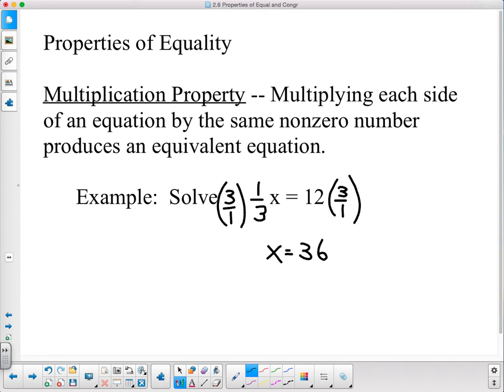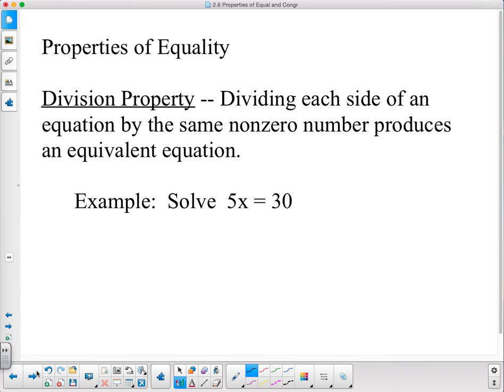And the fourth one is division property of equality. Dividing each side of an equation by the same non-zero number produces an equivalent equation. So we would divide by 5, divide by 5. You're going to be solving some equations and showing what property, or saying which property you're doing at each step.